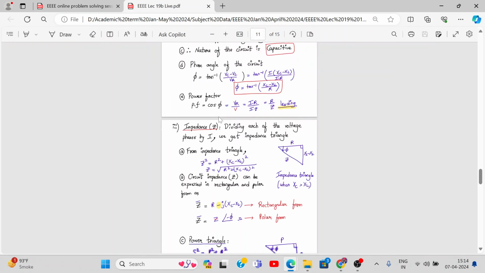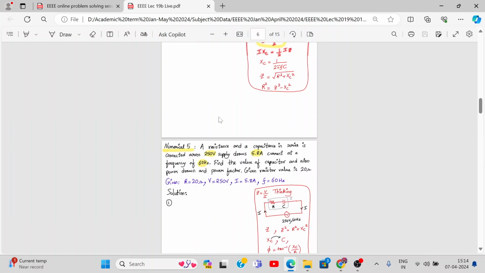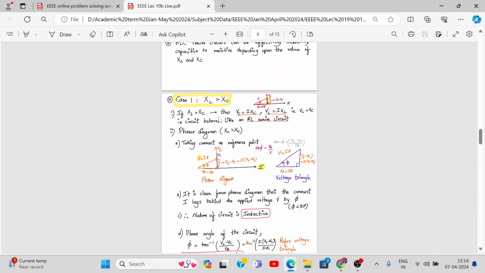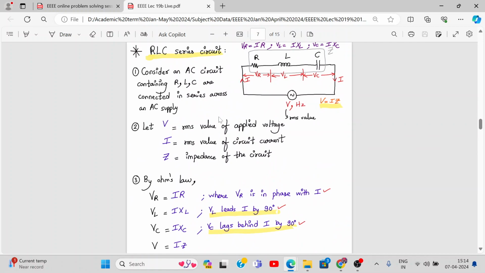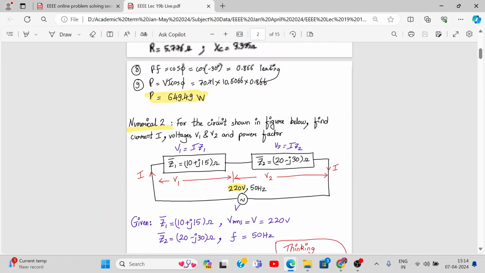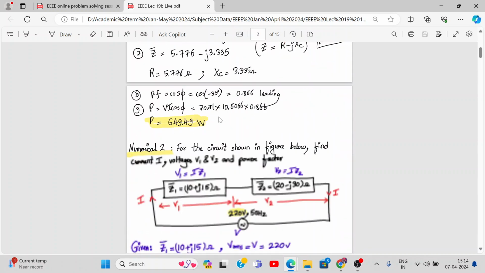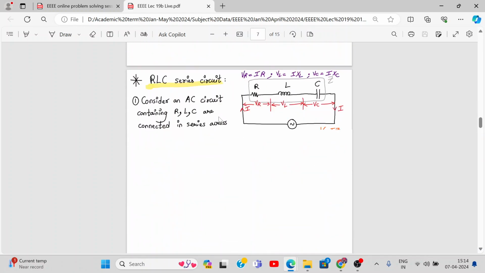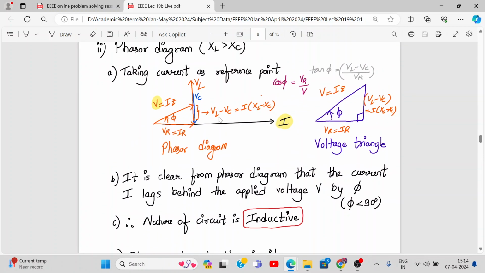I think it's there. I have solved a similar numerical in the class. See, this is RLC, but we don't want RLC. Look, it will be like this, VL, V.